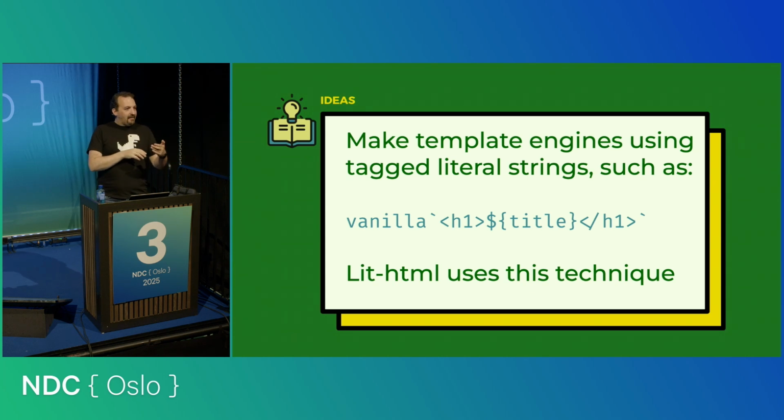You can take a title and replace that ${title} with a real title variable content. There are some micro libraries such as lit-html that are using this technique. So you can use template engines for your web components as well if you want to. Again, it's a decision.